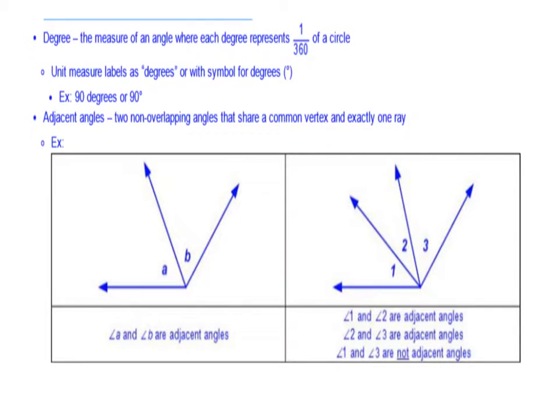Now, if we take a look at angle 1 and angle 3, they're not adjacent because angle 1 and angle 3 are also sharing angle 2. So it's not a common vertex for just one of the angles, so they are not adjacent.